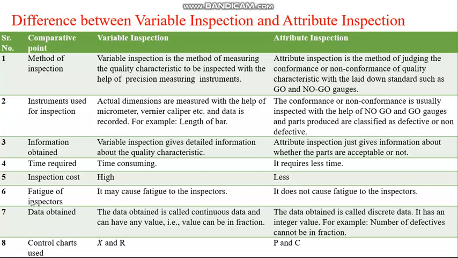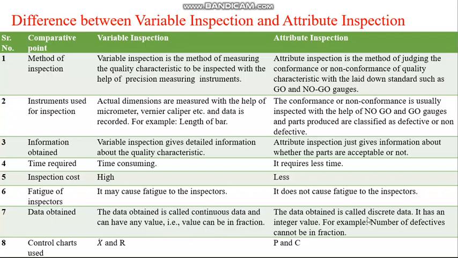Then how tired the inspectors will become. In variable inspection, sometimes the inspectors may get tired and fatigued, whereas it doesn't cause so much fatigue in case of attribute inspection. Then data obtained. In variable inspection the data obtained is called continuous data, and it can have any value, even fractions.